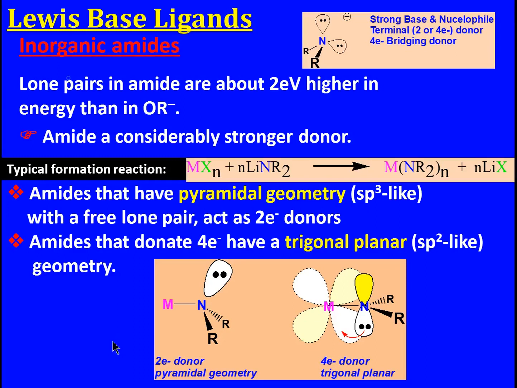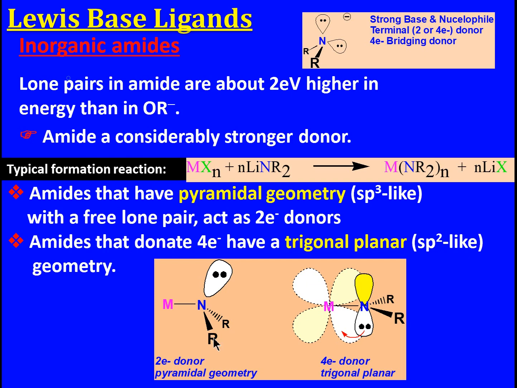We cannot predict whether the amide ligand is a 2-electron donor or 4-electron donor. The experiment will prove this donation.